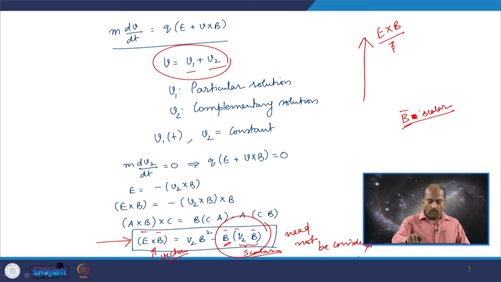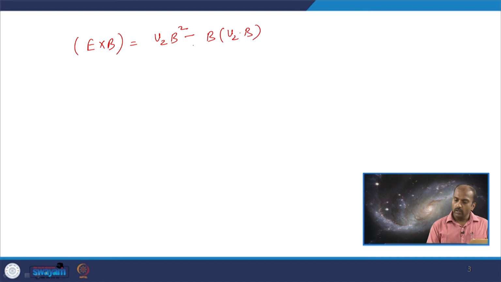Now, what does it mean? If you simply write, E cross B is equal to V 2 B square minus B into V 2 dot B. This term gets neglected and we write V 2 is equal to E cross B by B square.